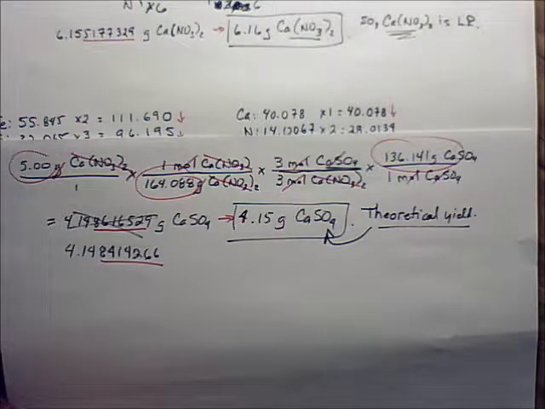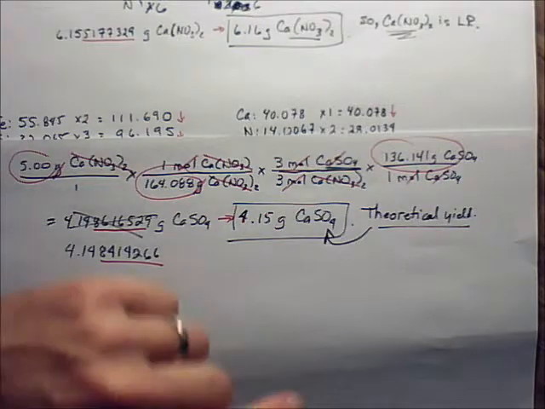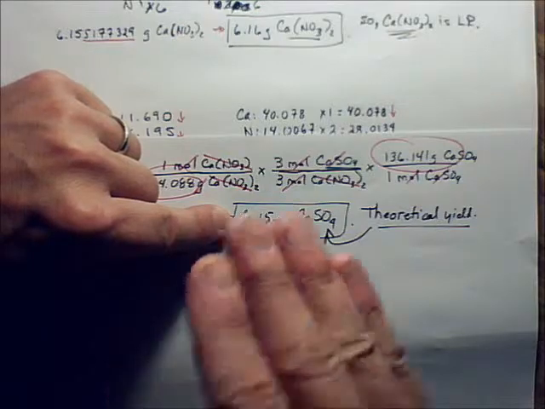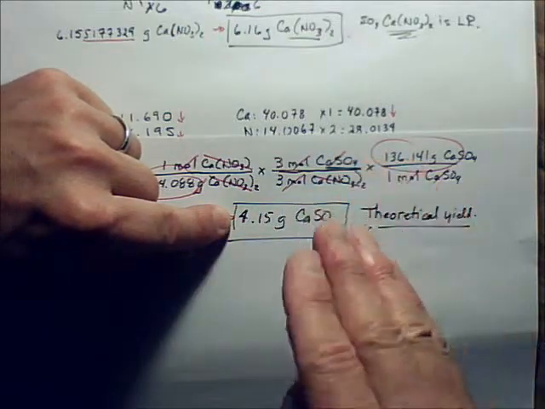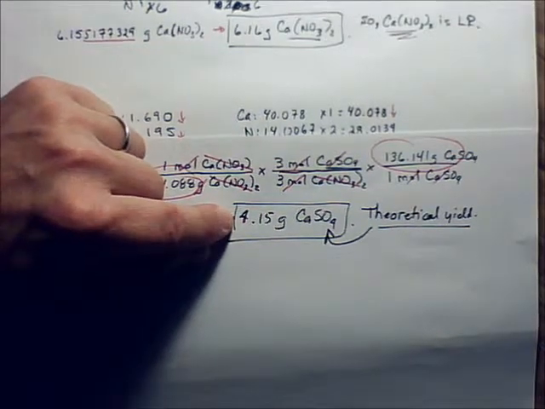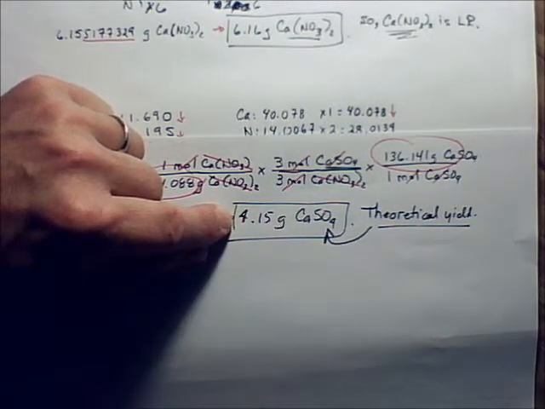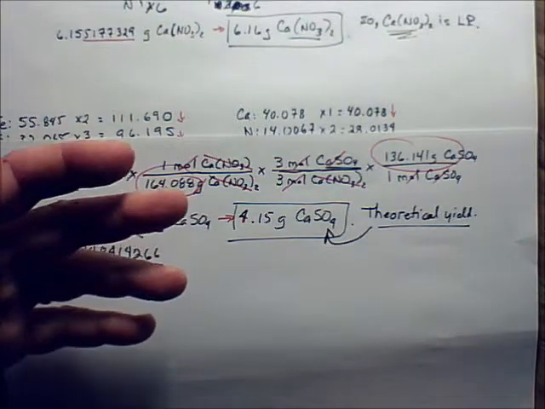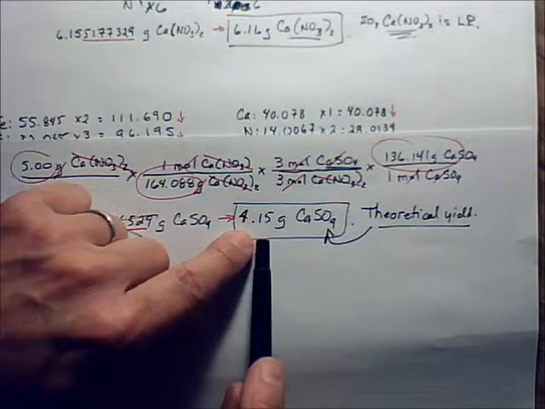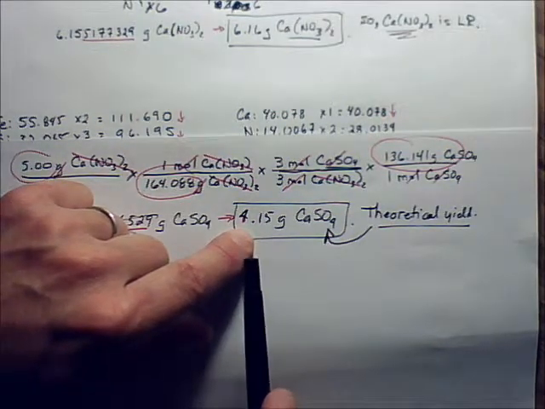Now, in reality, you can never actually get this amount. So this is the top. It's the cutoff. If you get more than 4.15 grams when you measure the amount of product, something went wrong. Maybe you've got some side products in there that you didn't account for. All kinds of things could happen. But generally speaking, if you've got more than this amount, something isn't quite right.